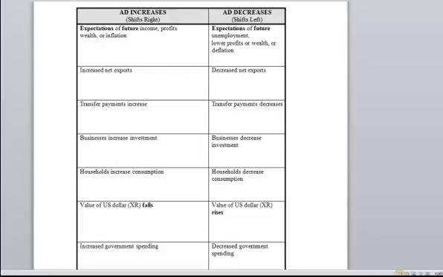Or businesses, on the other hand, if they have positive expectations for future sales, then they're going to increase their investment. If you and I expect prices are going to be rising in the future, today we might increase consumption and again cause aggregate demand to shift to the right.